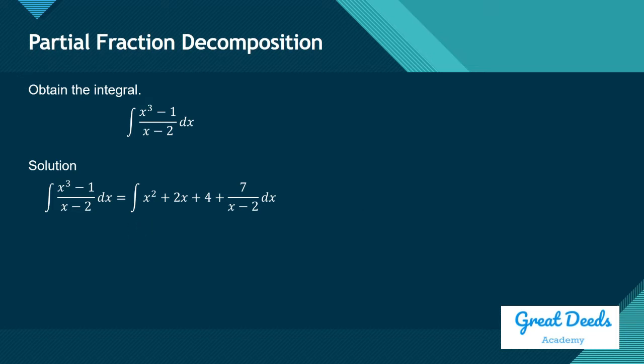And the integral of that is going to be 1/3 times x cubed, plus x squared over 2, plus 4x, and 7 is a constant. You just copy it: 7 times the integral of 1 over x minus 2 dx. And that is equal to ln of the absolute value of x minus 2 plus c.